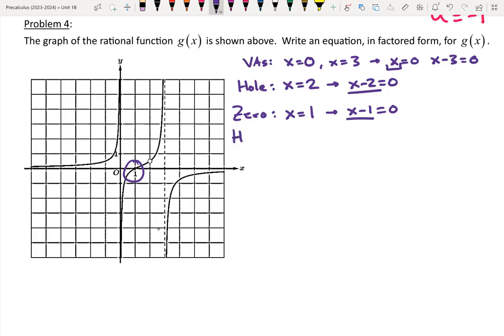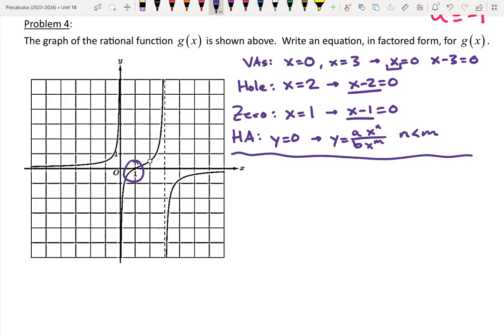And then I have a horizontal asymptote at y equals 0. Remember, that means that in our leading terms, whatever my a and b are, my higher power needs to be less than the bottom power, so n has to be less than m. So I have to have a higher degree in the denominator.